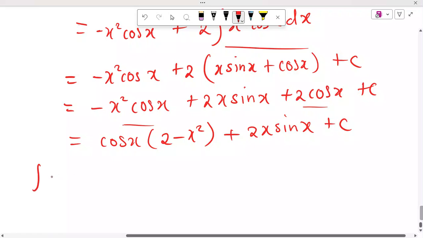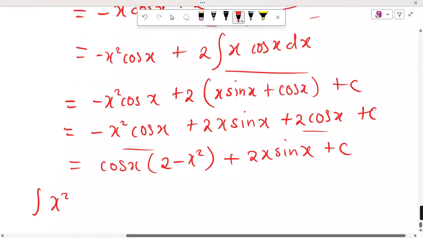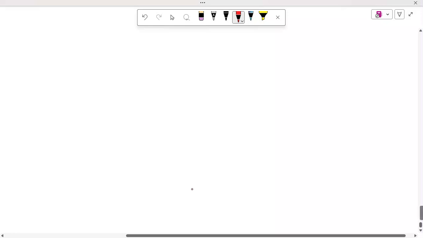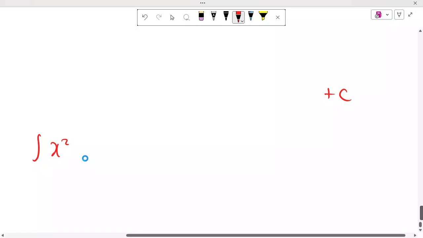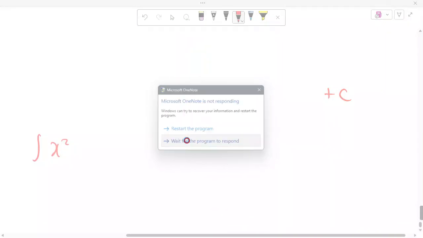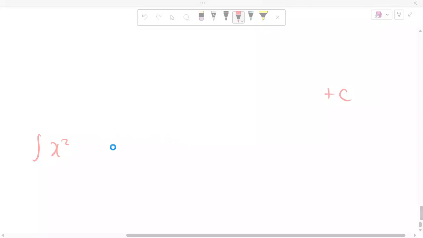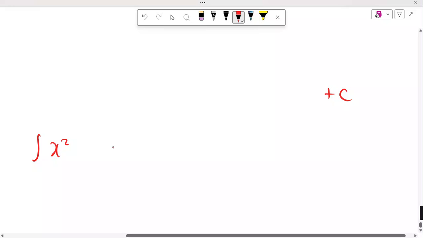So the integral of x squared sine x, let me just quickly put it. The simplification is behaving badly, I apologize for that. So we have finished, guys.